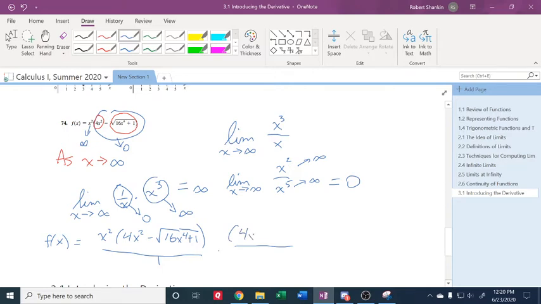We learned that before, because that will get rid of all the square roots.